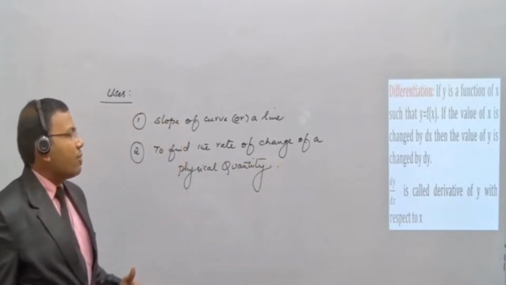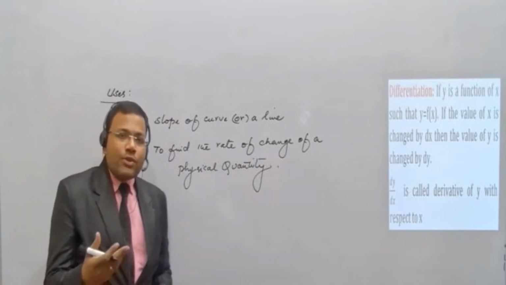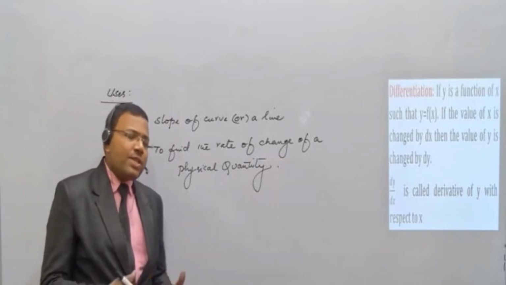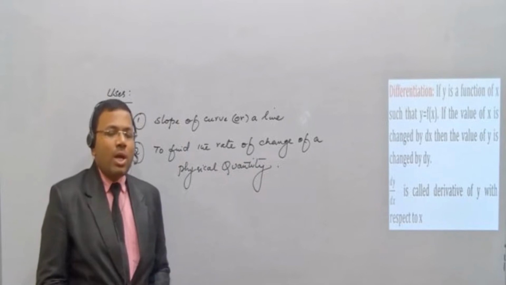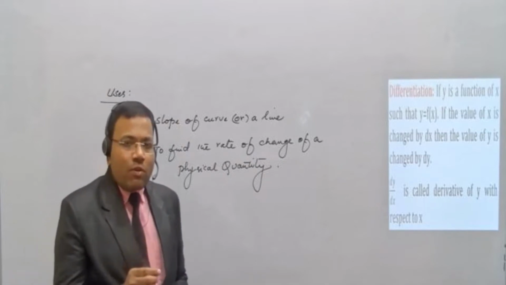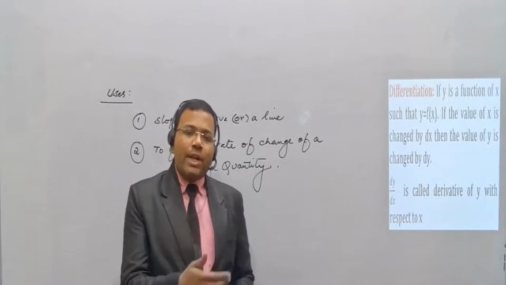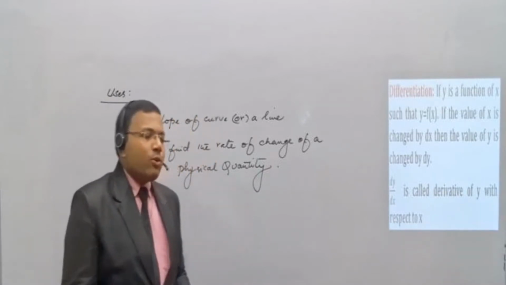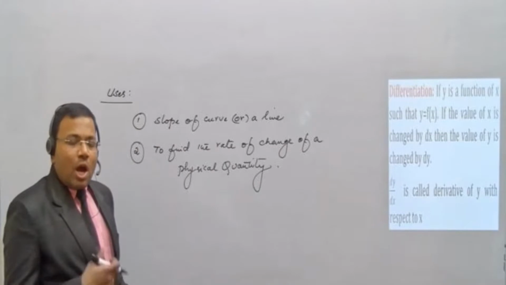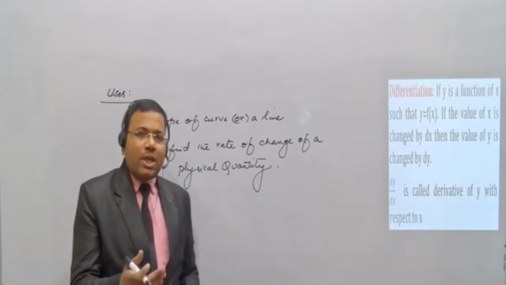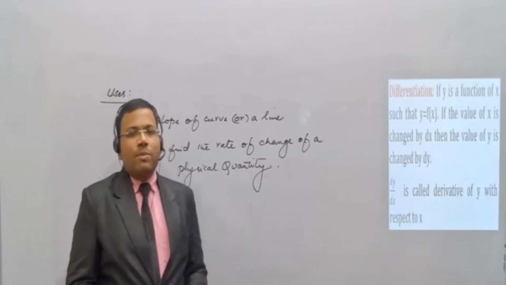So this also we can find, that is the rate of change of a physical quantity. That means how the physical quantity is changing with respect to time. You must have studied, beta, differentiation of velocity, rate of change of displacement. So how to find the rate of change of displacement? We use the concept of differentiation. How to find the rate of change of velocity, that is acceleration? Again we use the concept of differentiation.